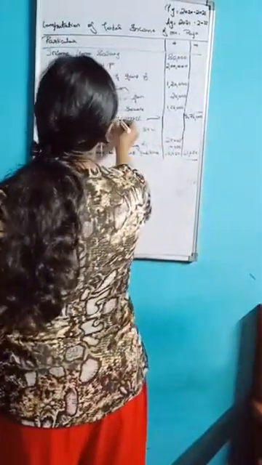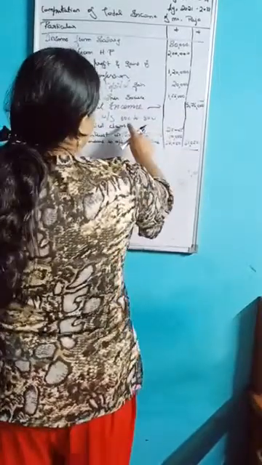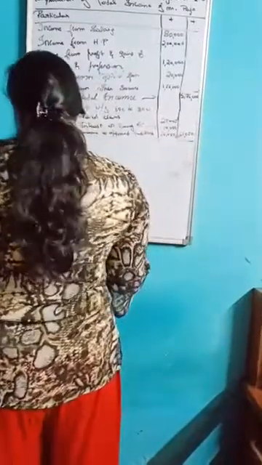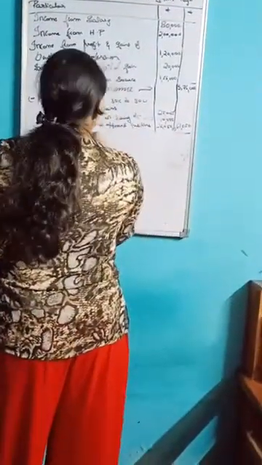From gross total income minus deductions under section 80C to 80U, you should subtract that, and you will get the total income.